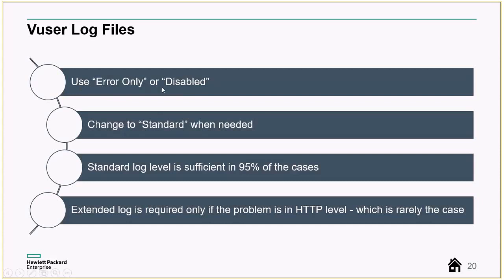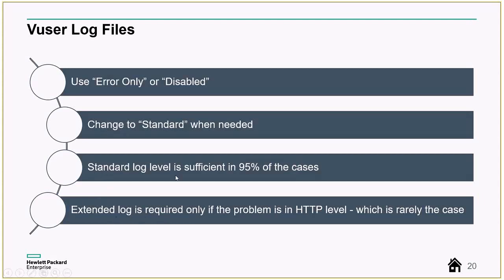If you need to troubleshoot something, if you encountered an issue, then you need to change it to standard level. There is no need to go to extended log. Extended log is probably only when TruClient R&D requested that. Okay, I will not even say the support team.